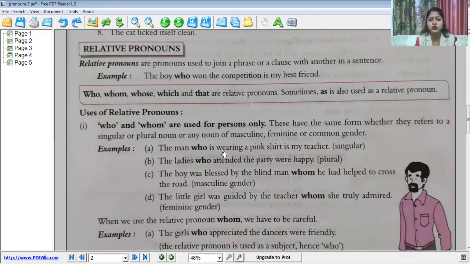Now you'll see in this pink box, who, whom, whose, which, and that are relative pronouns. Sometimes as is also used as a relative pronoun. You'll see that some of the interrogative pronouns, that is asking questions, those forms are used. Who, whom, whose, which, all these are question words, right?